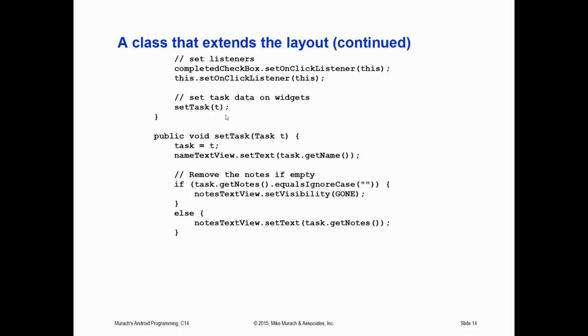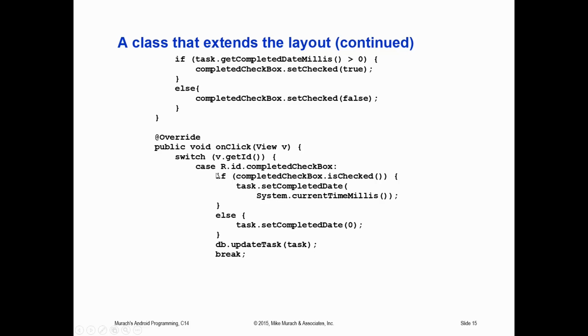If they are, the task has been marked as completed. The onClick method begins by using a switch statement that you see here to check whether the checkbox widget was clicked. If it wasn't clicked, some other area of the layout for the item was clicked. So again, this has to be handled.